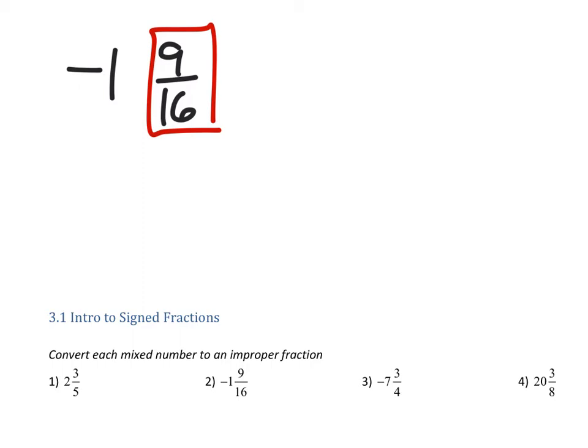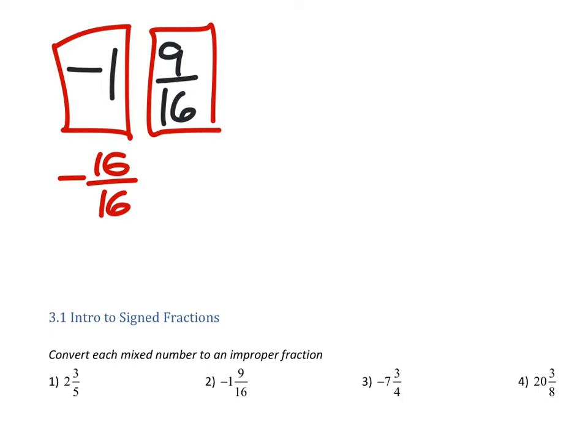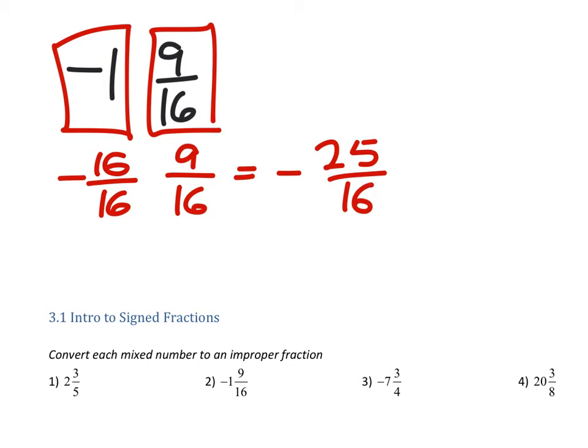We've got 9 pieces out of 16, but this says that we got another pan right there, okay? Because that's a full pan, so this is kind of like saying that we got -16 over 16 pieces, and then we'll tag on to that another 9/16. So when we combine these, we get -25/16.